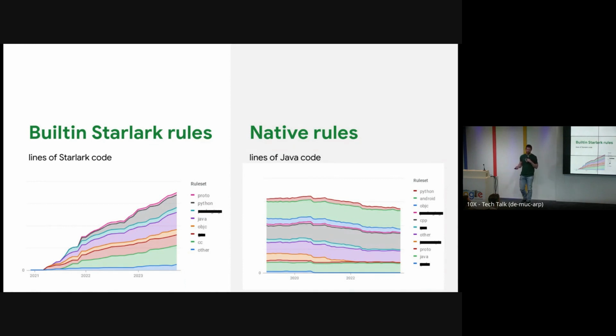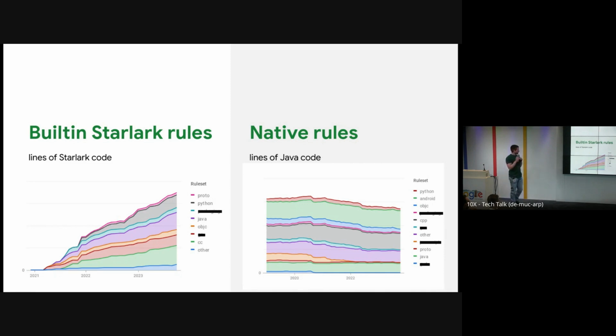You will see common providers like JavaInfo here, java_common module, or cc_common. And then the last thing in our plan is to rewrite the actions that are special to languages. We already did the rewrite of actions that can be rewritten in Starlark already.